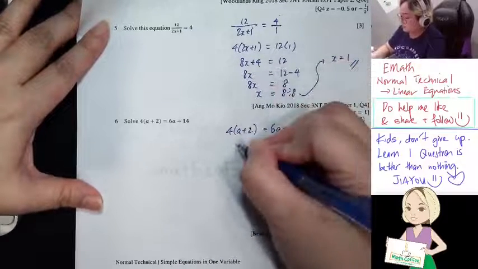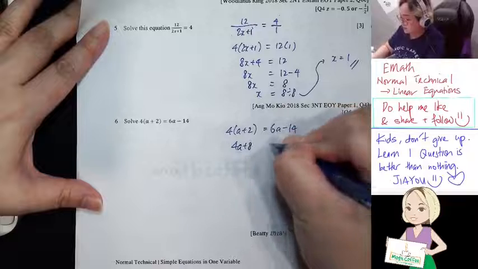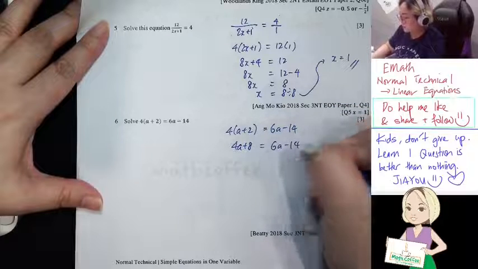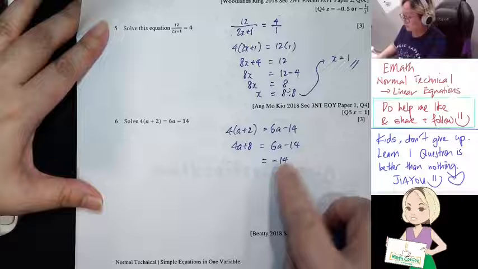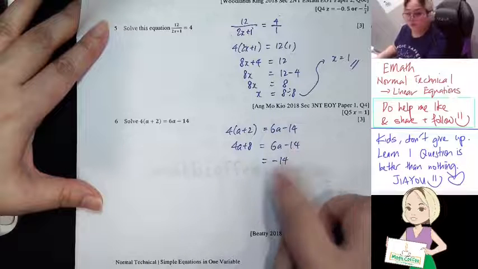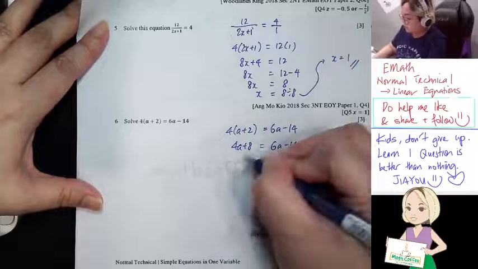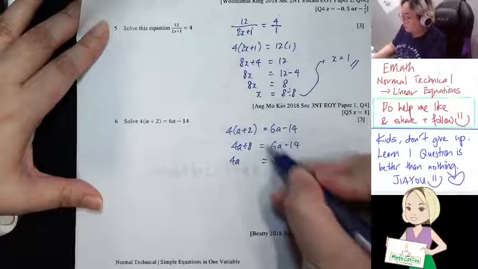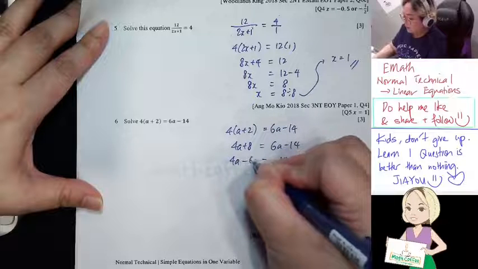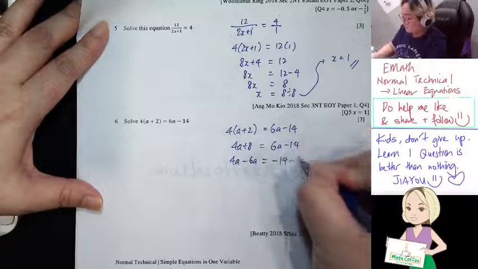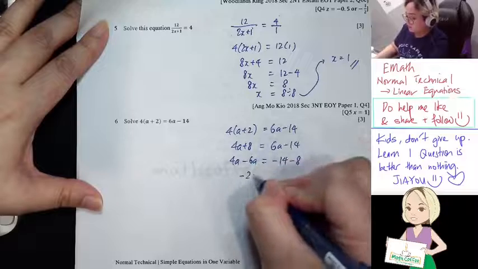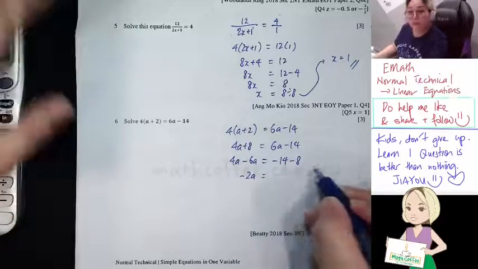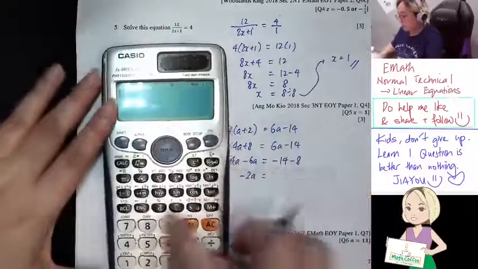Rainbow first. So 4a plus 8 equals 6a minus 14. Equal, minus 14 remain. When dealing with negatives, you've got to be very careful. So 4a will remain. I'm going to bring the 6a over, so it's minus 6a. Bring over minus 8. So 4a minus 6a is negative 2a. Minus 14 minus 8, don't try to act smart, press the calculator.